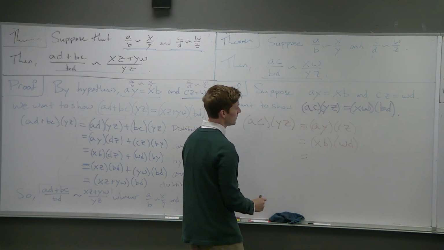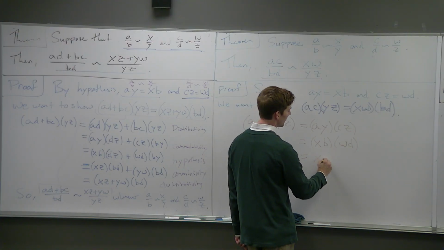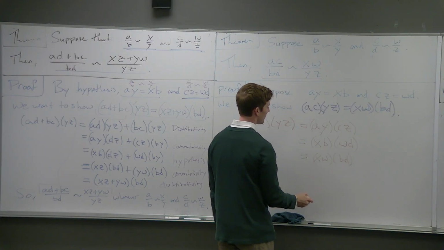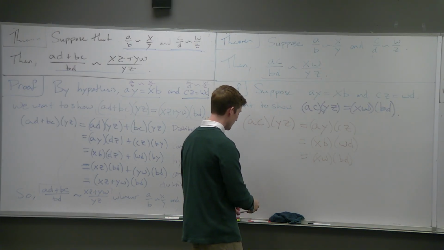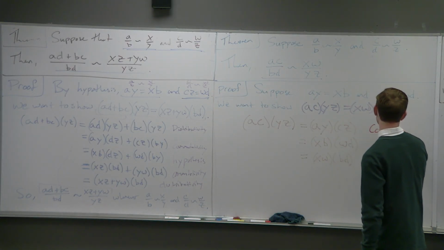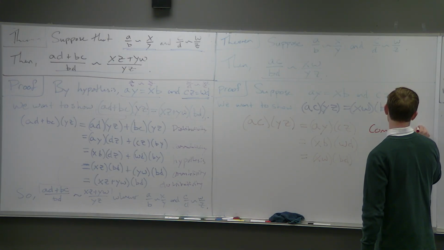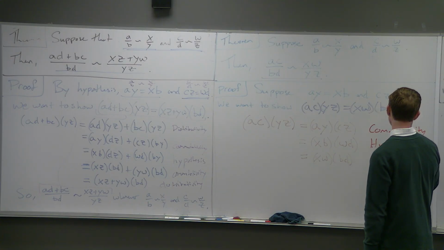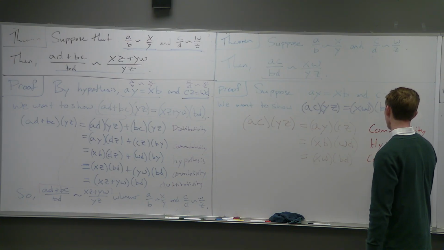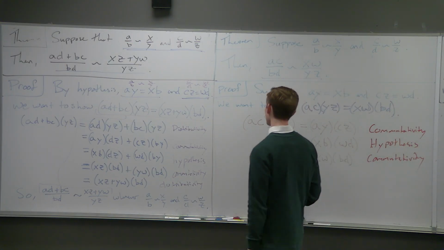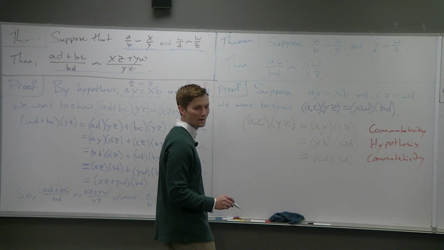And now I can just use commutativity yet again to get XW BD. Is this reasonable? I hope. Yeah? So this is commutativity. This is by hypothesis. And again, by the commutativity of multiplication. Yeah?